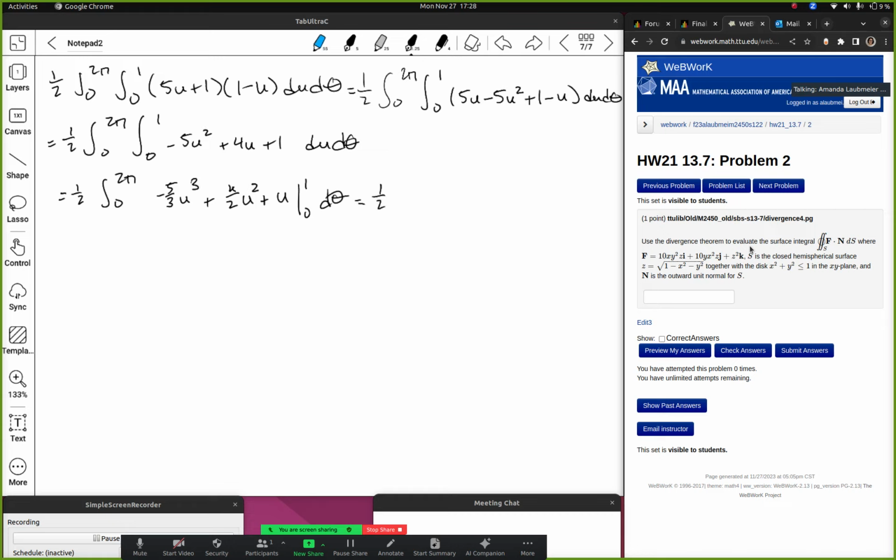So I'm going to get negative 5/3 times 1 plus 4/2 times 1 plus 1 minus 0 minus 0 minus 0, which I'm not going to write here. And that 4/2 is 2, I guess.